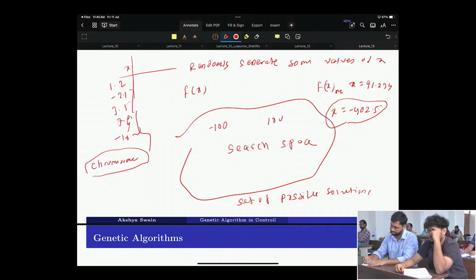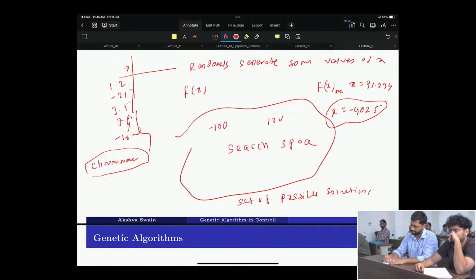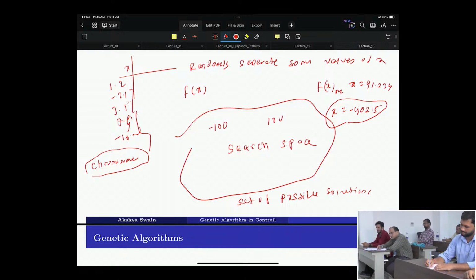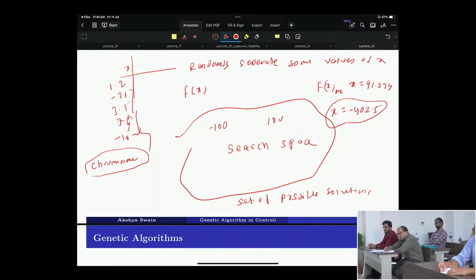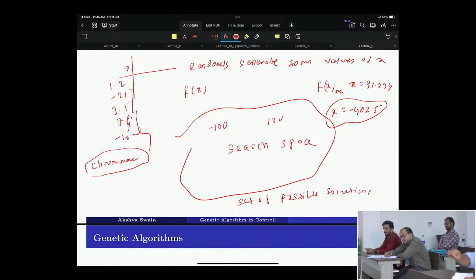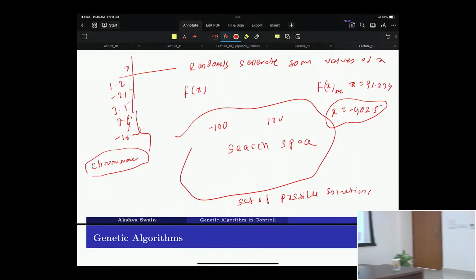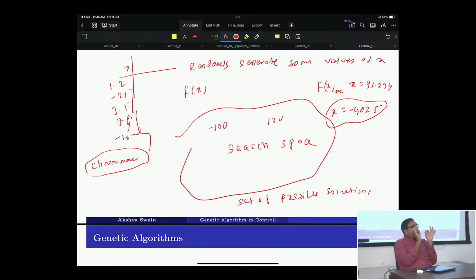But normally, what we do with this possible solution, I am not talking about real-time genetic algorithms, is that the possible solution is usually binary coded. It is possible to real code, in particle form we do it, but it doesn't matter. Now let's say binary coded. So that number, instead of minus 2.1, is a binary string.